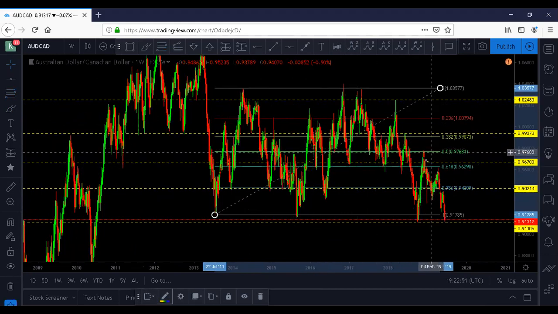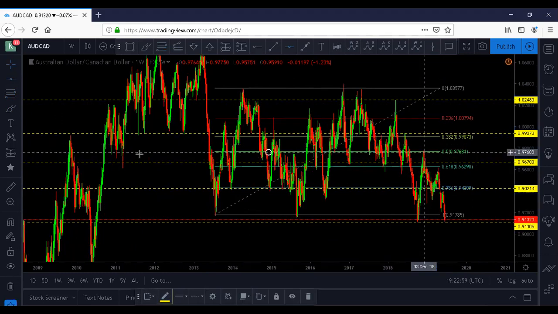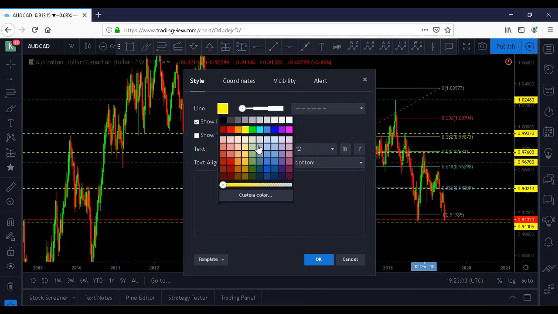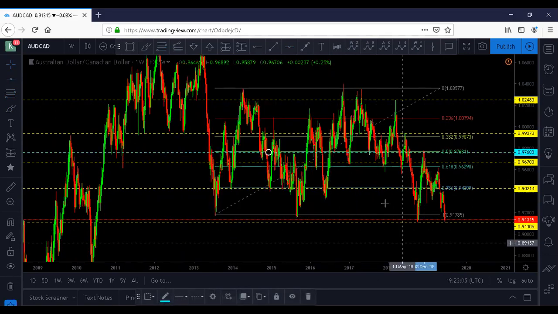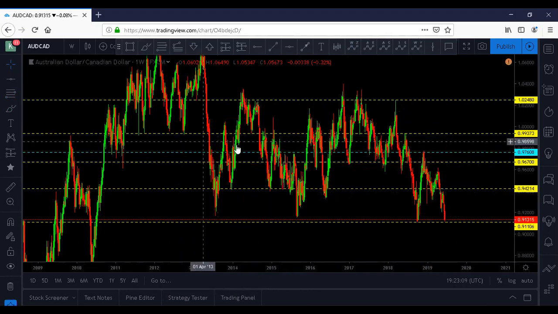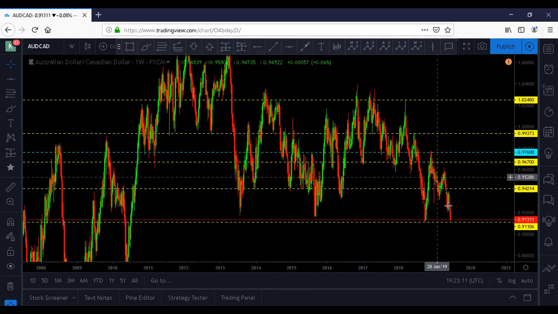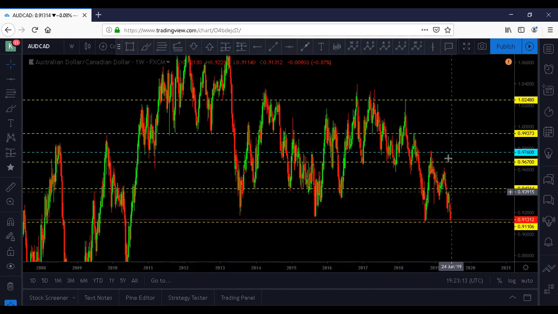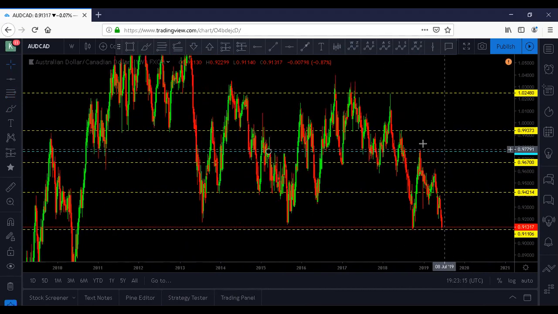At least it is giving me an accurate 50%. Let me change the color, maybe to blue. You see the 50% was accurate, but the higher levels were slightly shifted.